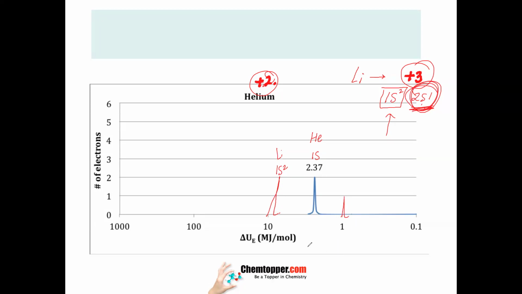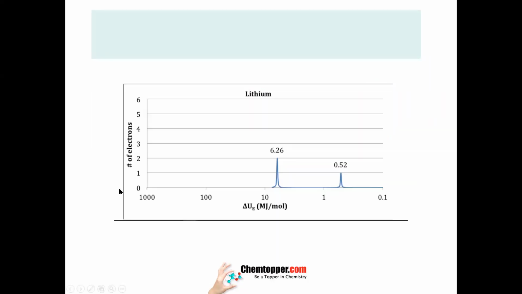This is lithium. Do you want to see lithium? Let's see lithium. Here. Do you remember helium? Helium was here, 2.46, something like this. This was helium, 2 point, I think 46 or 41, something like that.